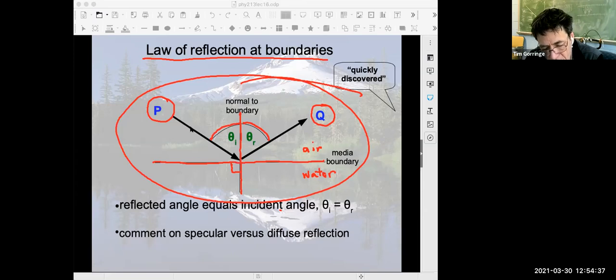So if I want to tell you the direction of the incident, incoming light ray, I'll tell you theta I, measured from the normal here. If I want to tell you the direction of the reflected light ray, I'll give you the angle with respect to the normal here.